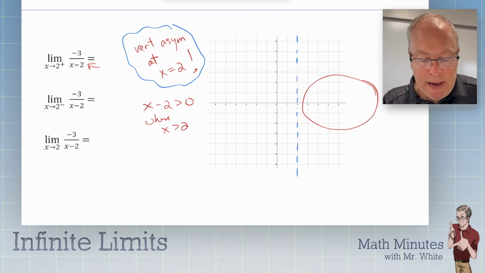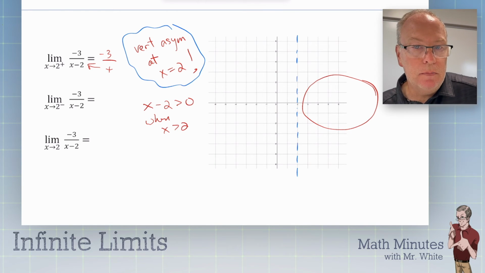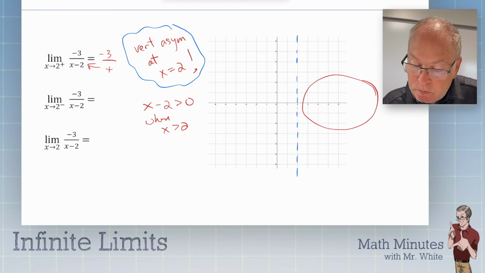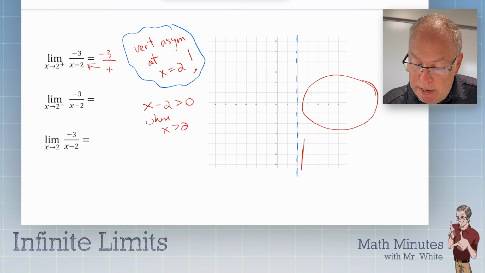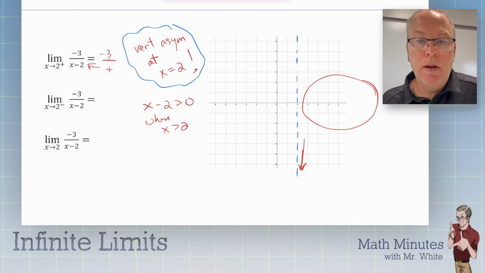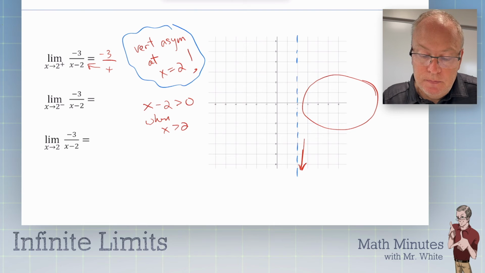On the right side, the denominator is guaranteed to be positive. So what do you get when you take negative 3 divided by positive? You get a negative number. So this thing must be in the negative region as we're getting close to 2 there. This graph goes down like that over there. So the answer to the first one is negative infinity.